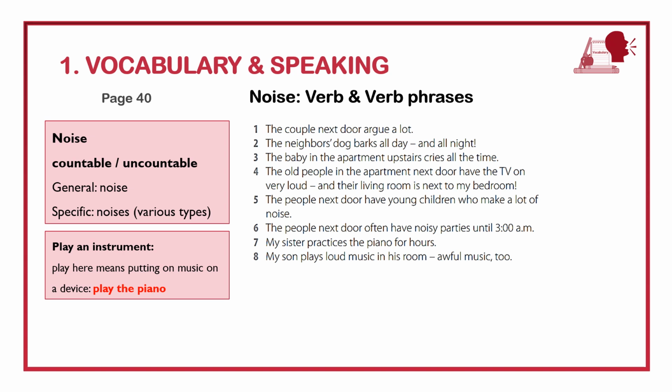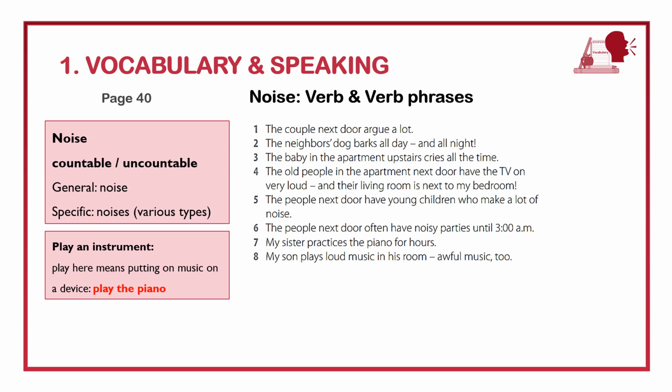But if you look at all the different types of sounds or noises neighbors can make, and you can make a distinction between them, in that case, you are using noises, meaning various types of noise in a specific context. So for example, next door, the neighbors are arguing.